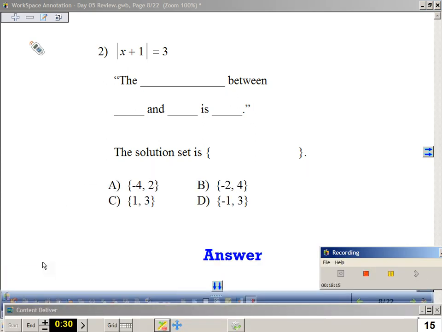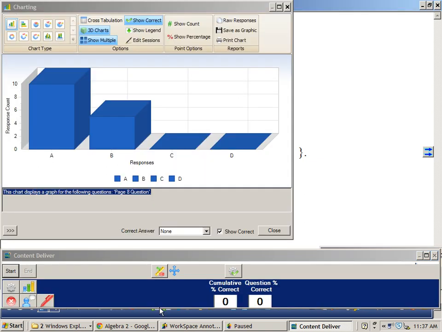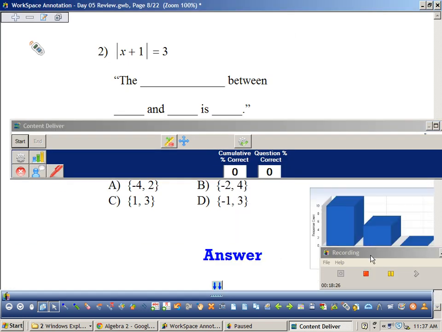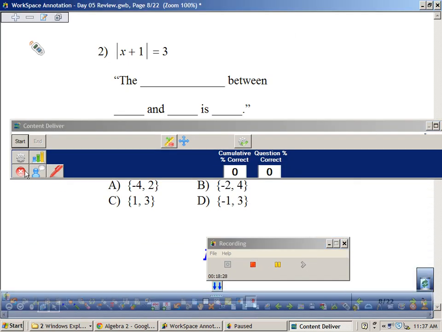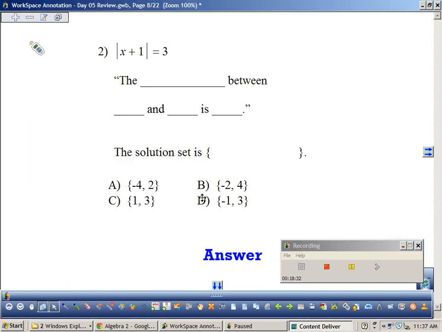You guys recording? Okay, so we've got 15 answers in. Let's see how you guys did. Same as last class, and this kind of surprises me with this class. Why would it be B? Probably forgot to turn it into a negative 1, you think?